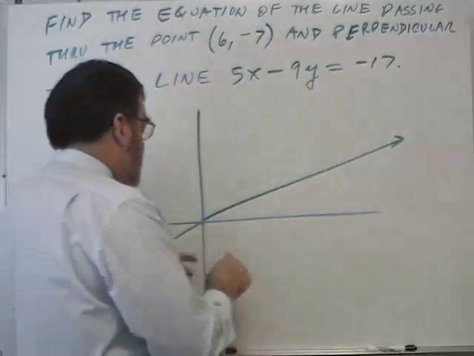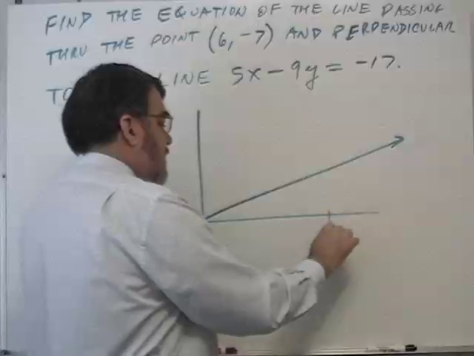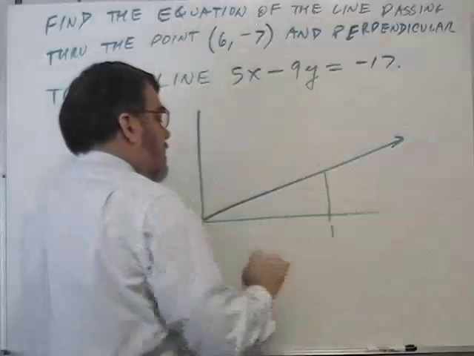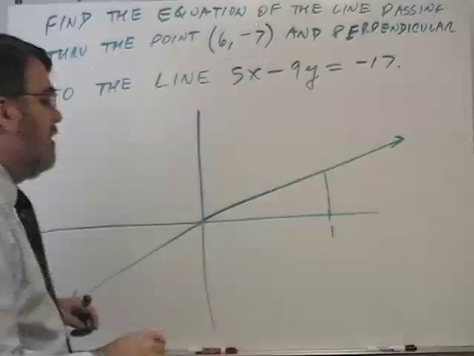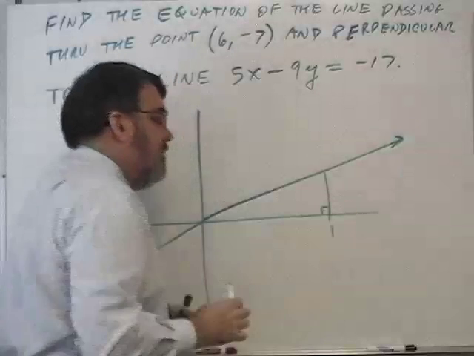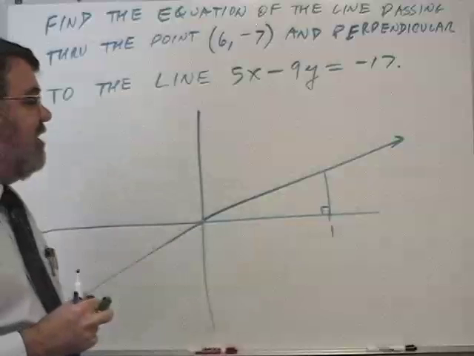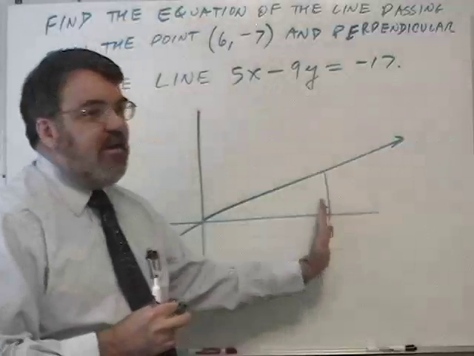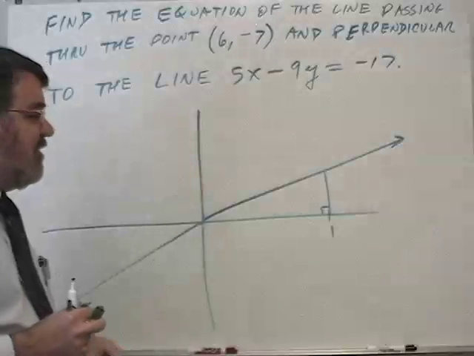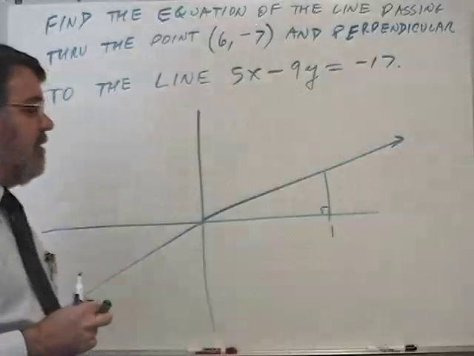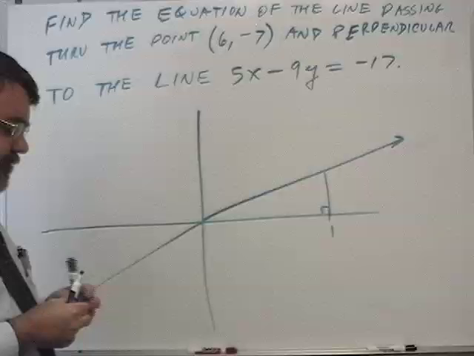Okay, now if I go over 1 unit, then I have a triangle. I'm creating a right triangle because the base of my triangle is on the x-axis and the vertical side runs parallel to the y-axis. So these sides are perpendicular. It's a right triangle.